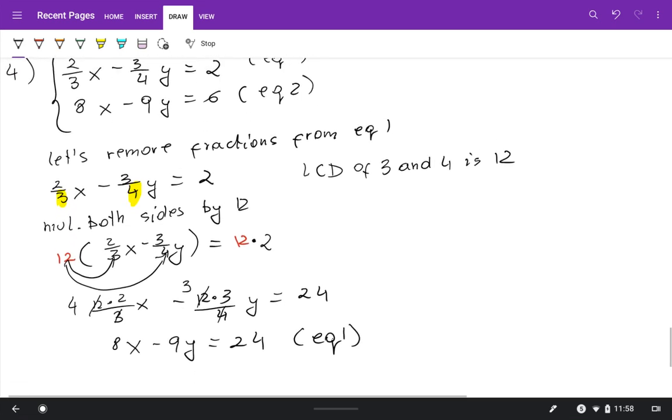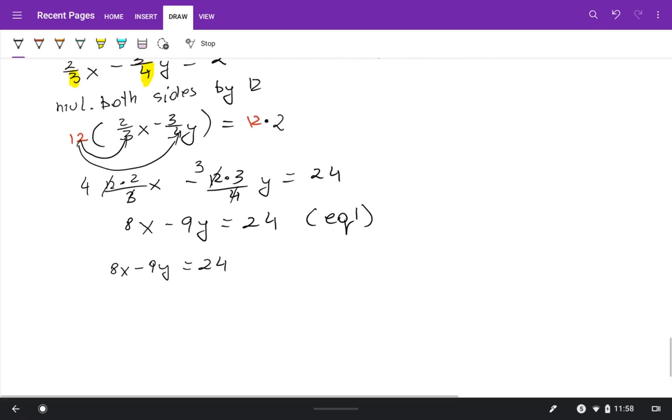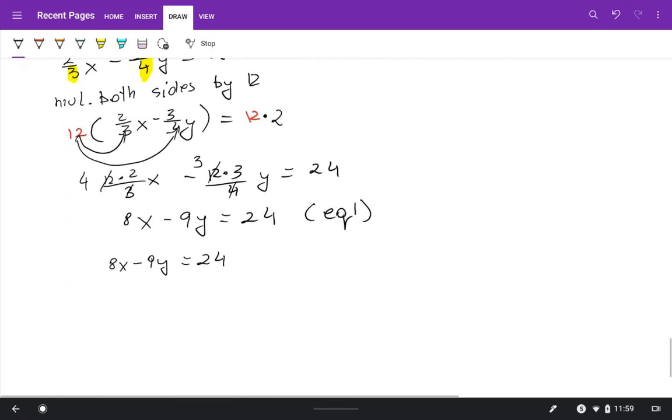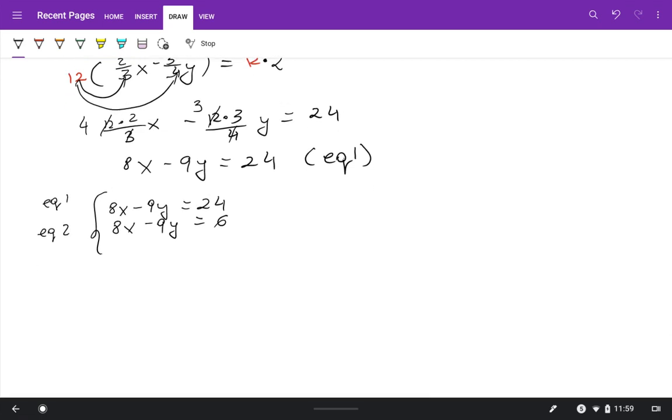So now let me rewrite that system with the equivalent equation 1, which is 8x minus 9y equal 24. And copy equation 2, 8x minus 9y equals 6. So equation 1, equation 2. So now we have to come up with the plan. My plan will be eliminate x.